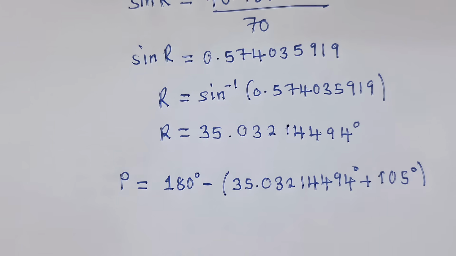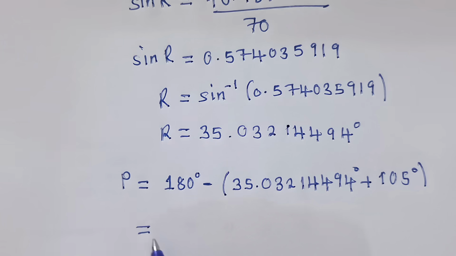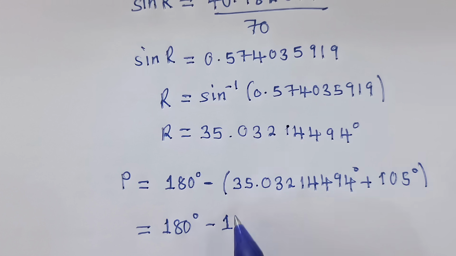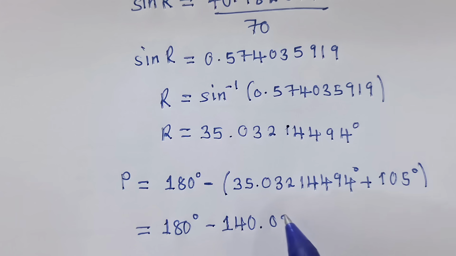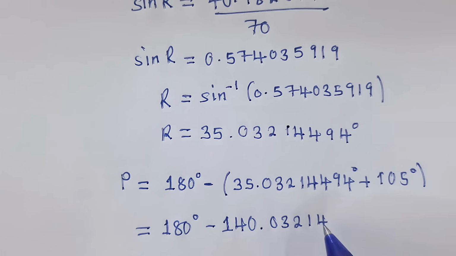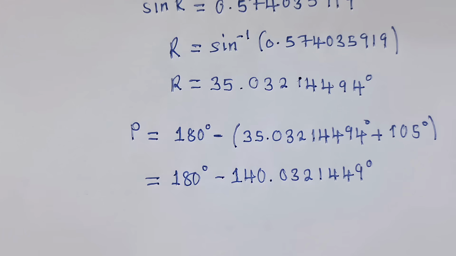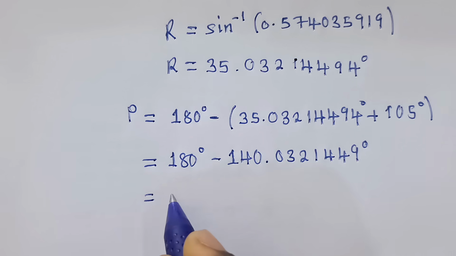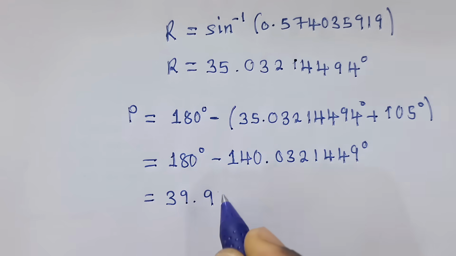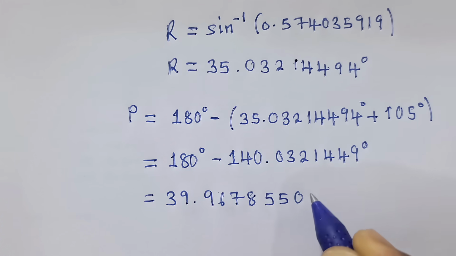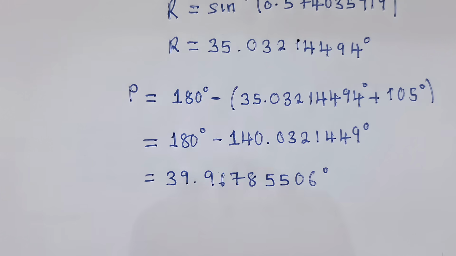So this is the property we are using of the triangle. And when we do that, we're going to get 180 degrees minus 140.0321449 degrees. And then when we subtract from 180 there, we're going to get 39.96785506 degrees. So don't forget the units.